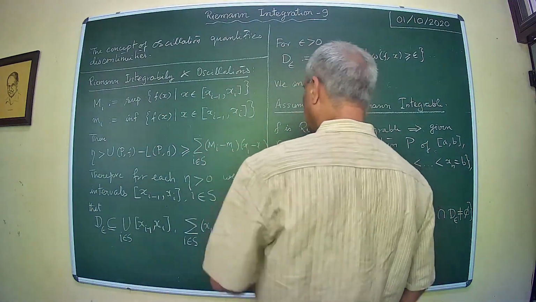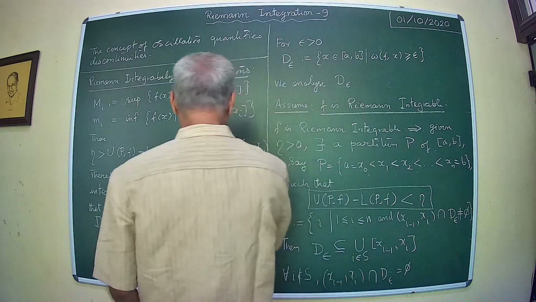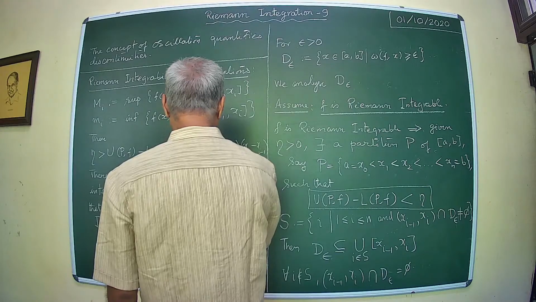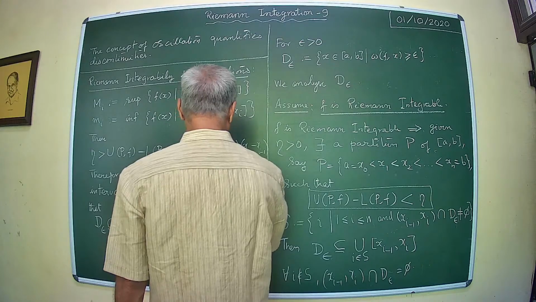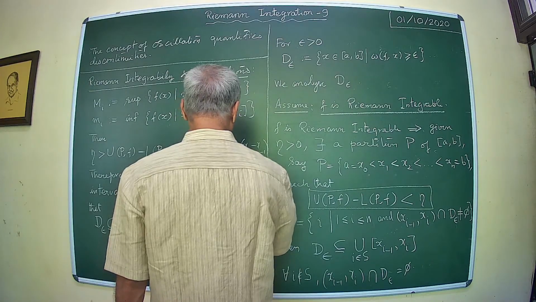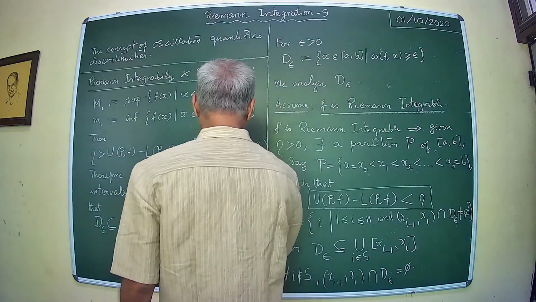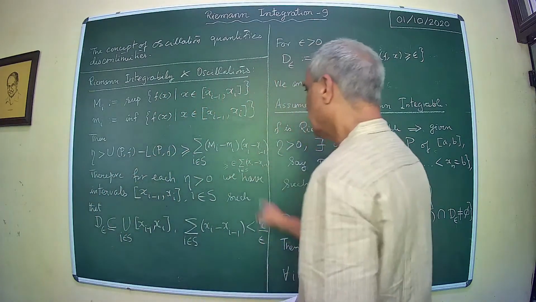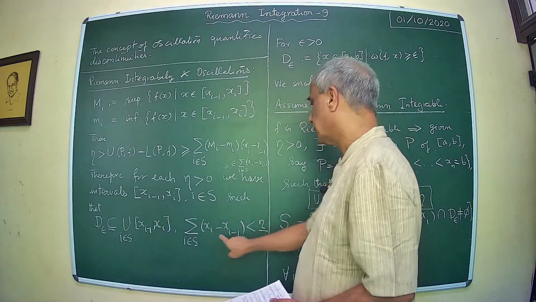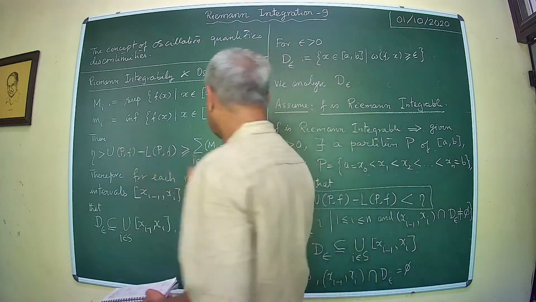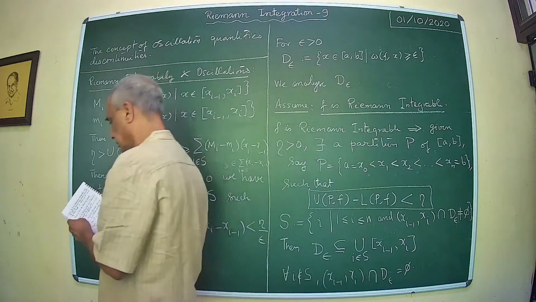You get an inequality: eta will be greater than or equal to epsilon times the sum over i belonging to S of (x_i minus x_{i-1}). Okay, you use this. So what you get is the sum over i belonging to S of (x_i minus x_{i-1}) is less than eta divided by epsilon.